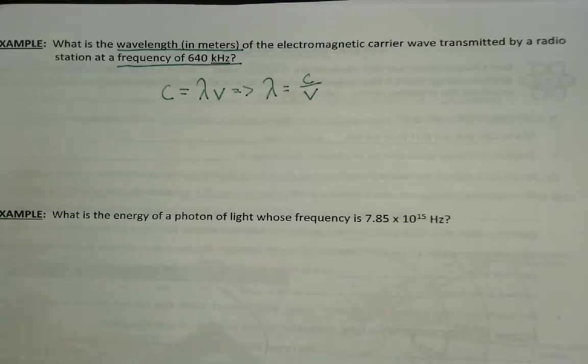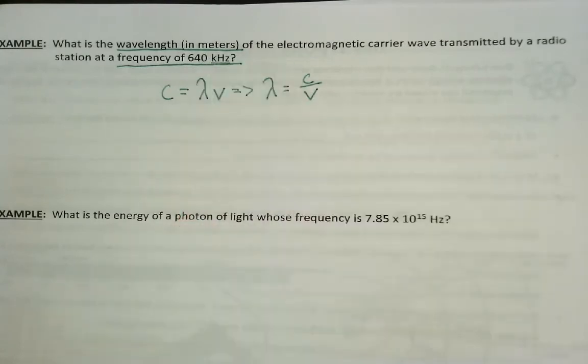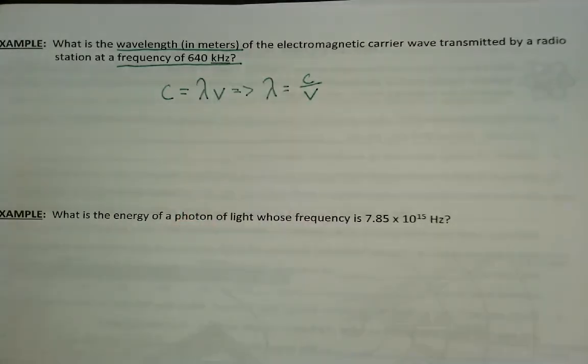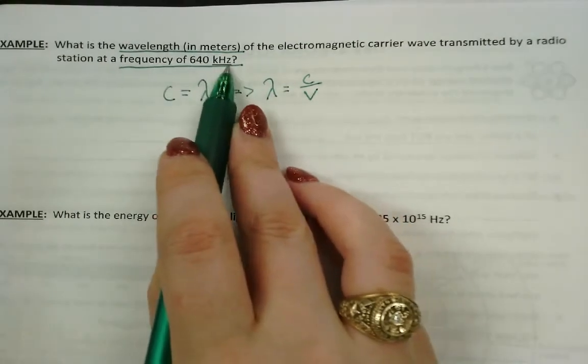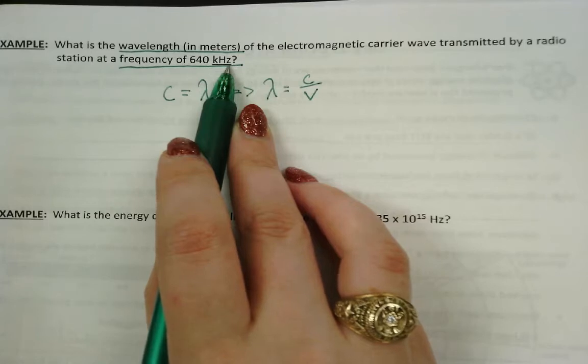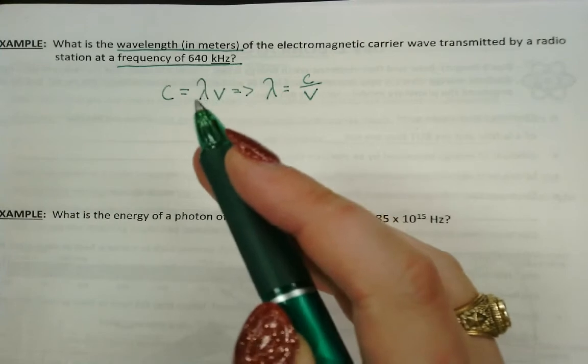But what's the problem here? Well, our problem is that we were given kilohertz. But have we used kilohertz at all? Is that one of our units that we talked about? No, just hertz. But thinking back to our very first unit, what does that K stand for? It stands for kilo, right?